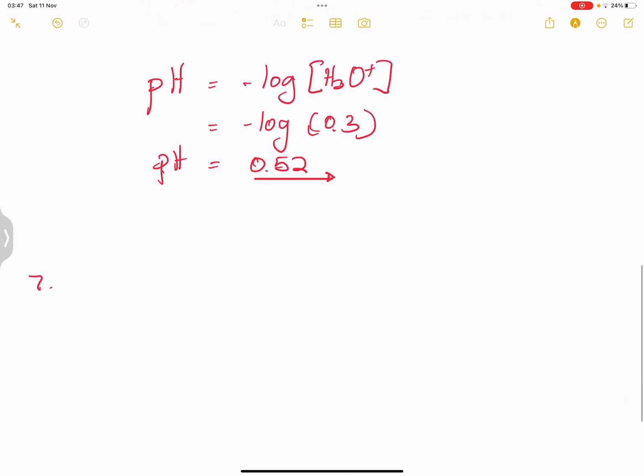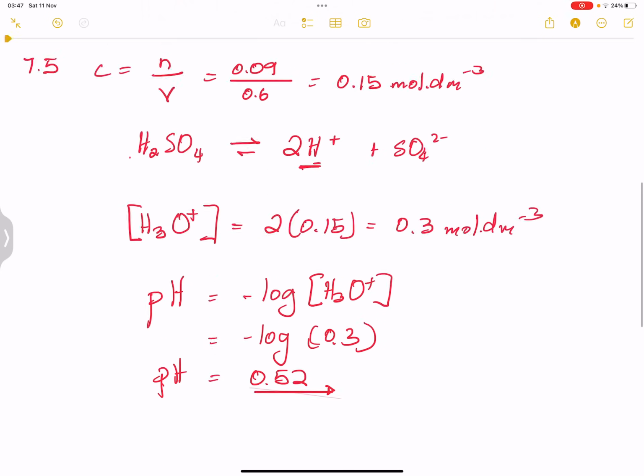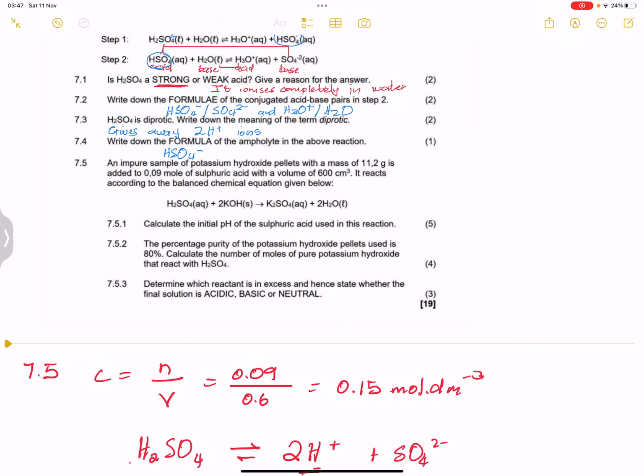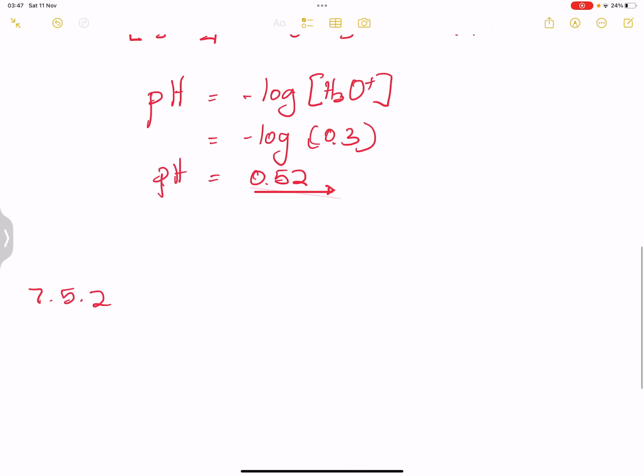Okay, so we are going to take 7.5.2. Now remember we said we've got 80%, so the total mass in this case is 11.2. So let's take 80%, so that's 80 over 100 times 11.2.